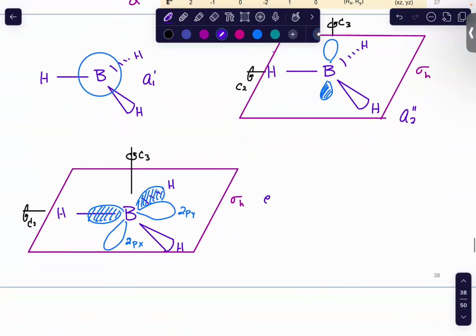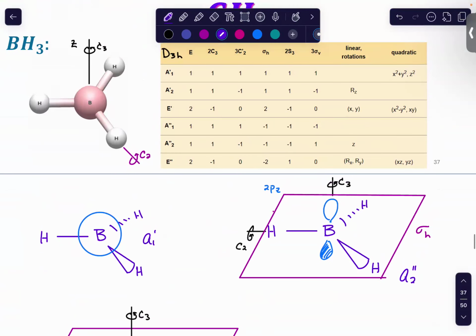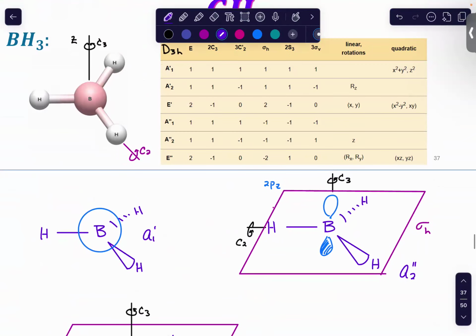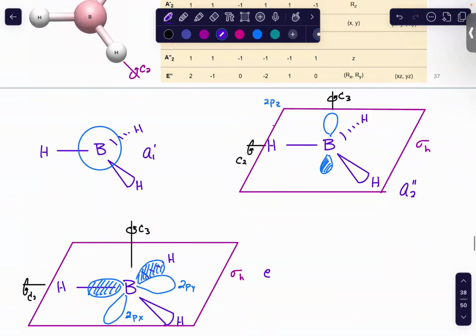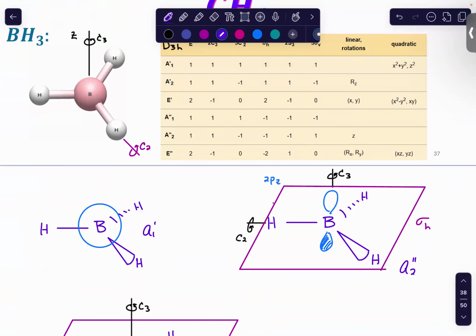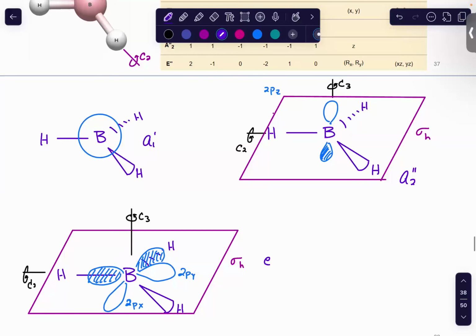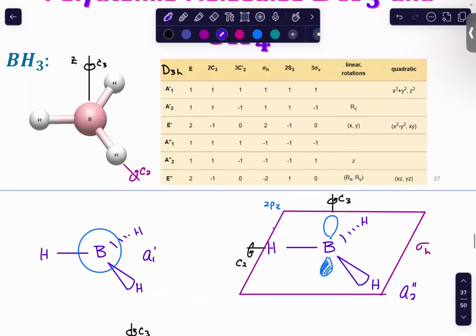So if we go through, more than anything, let's take a look at the sigma H. Do I get a positive or a negative for the sigma H? You're going to get positive. So look at the character table.